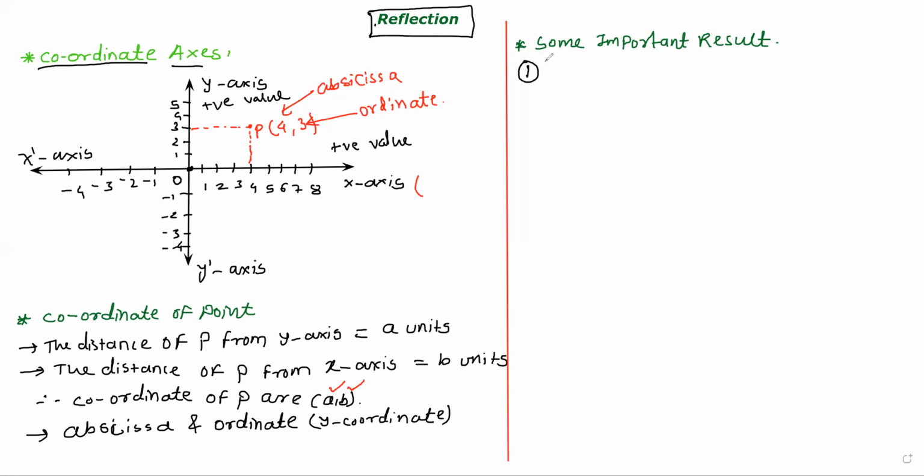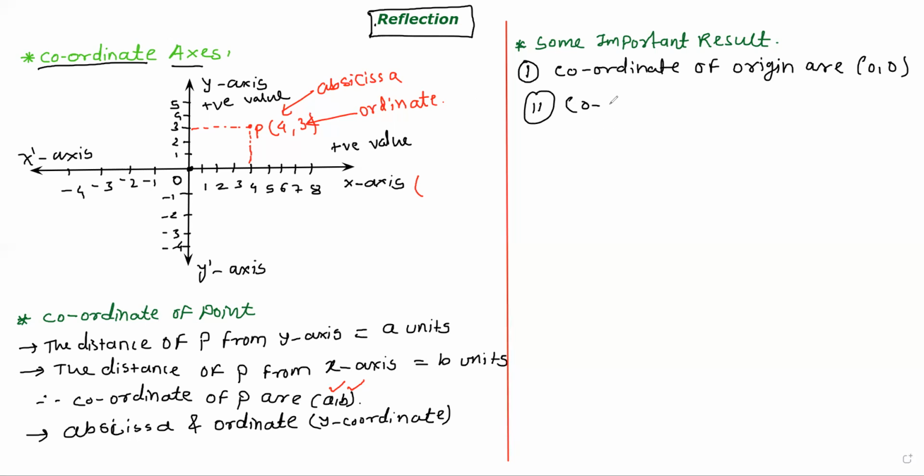First is the coordinates of the origin O. The coordinates of the origin are 0, 0.